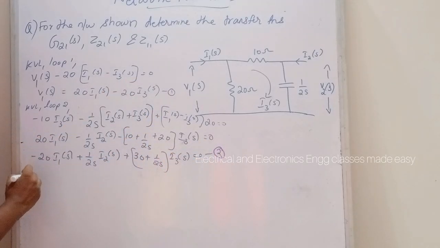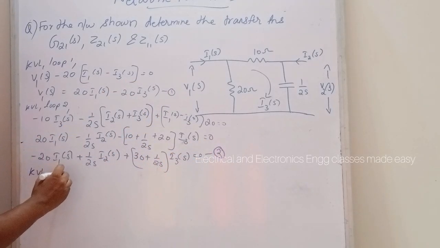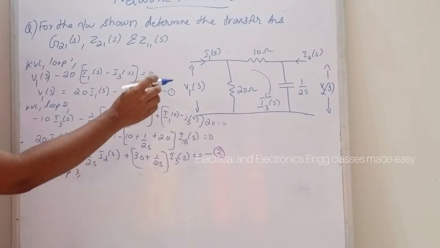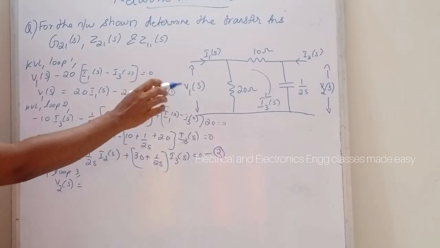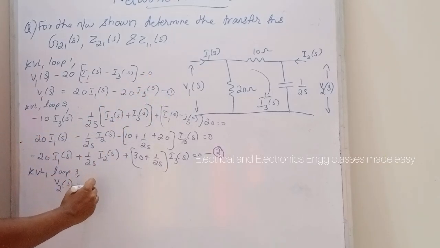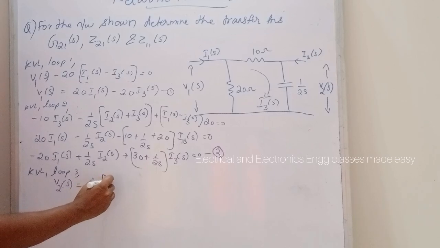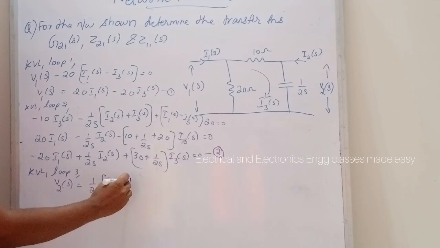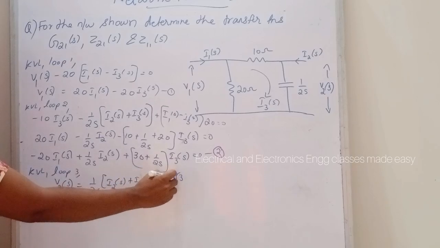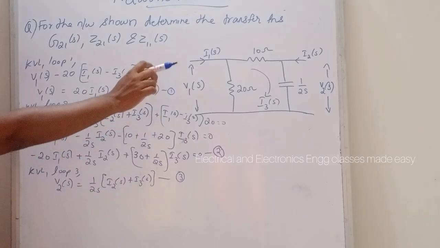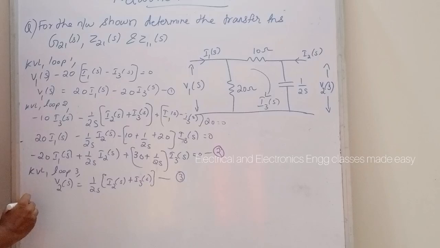Now applying KVL for the loop 3, then we will get V2(s) is equal to current through 1 by 2s, which is I2(s) plus I3(s). So this is the third equation. And we have I2(s) is equal to 0.